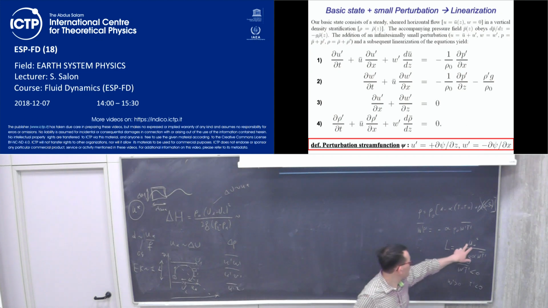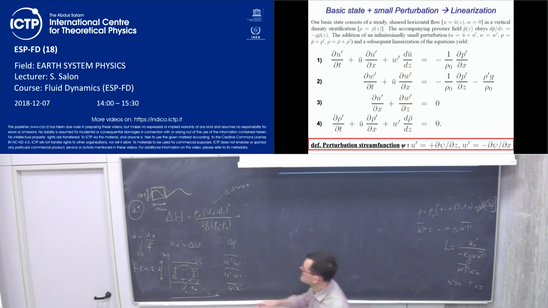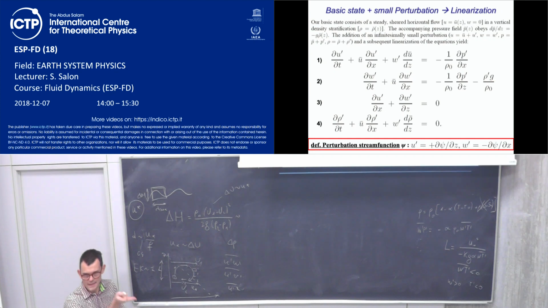Well, that's a ratio of two fluxes. It's actually a ratio, of course, but it has a dimension of a length. So it is not like the Richardson number, which has the physical meaning of a potential barrier against the kinetic source.